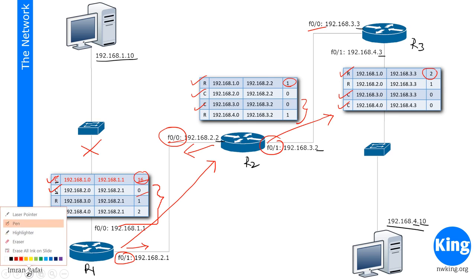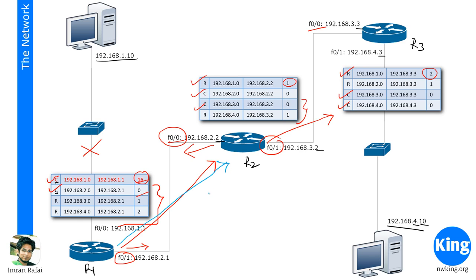So I'm going to just change the color for a triggered update. This is going to be blue. It sends a triggered update to router 2 and tells it network 192.168.1.0 is accessible with a hop count of 16, which means it is inaccessible, right? This is called route poisoning.